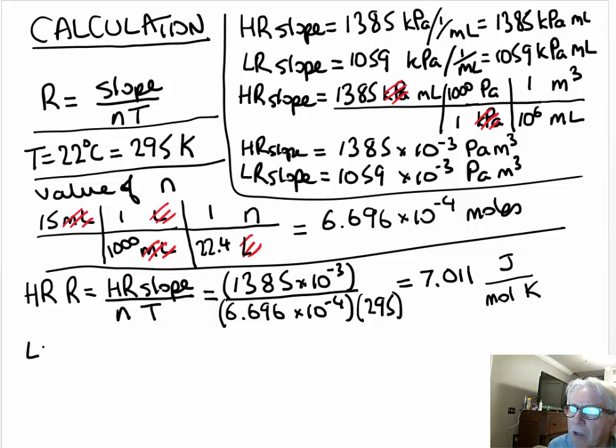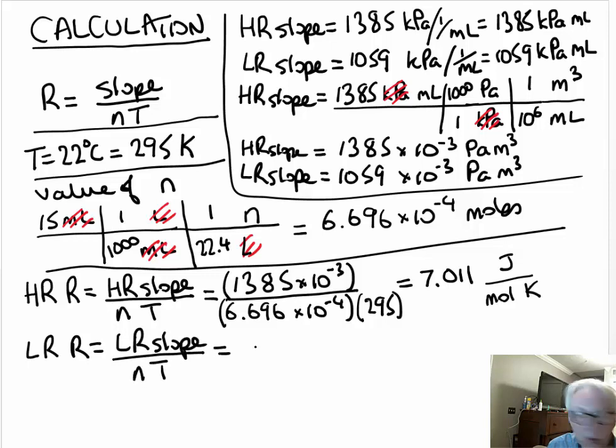If I look over here at the lowest reasonable R, that's my lowest reasonable slope over NT, which equals, I'm actually running out of time, so I can only put up an hour's worth of stuff.